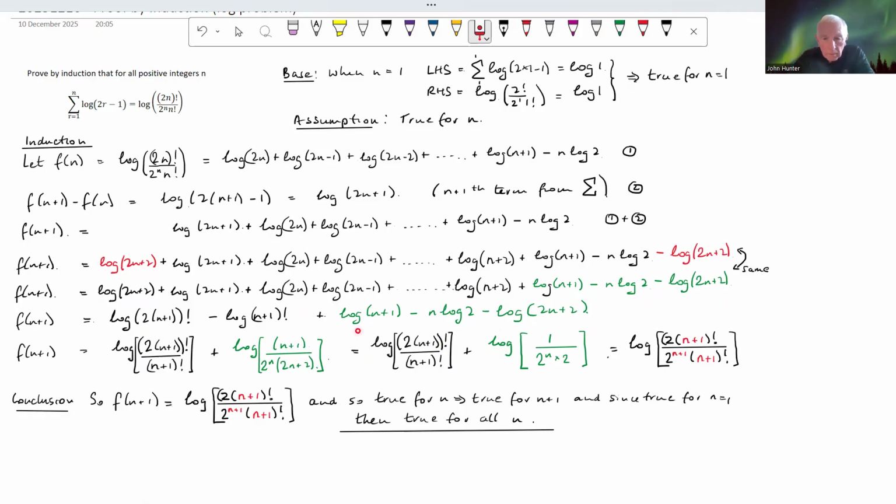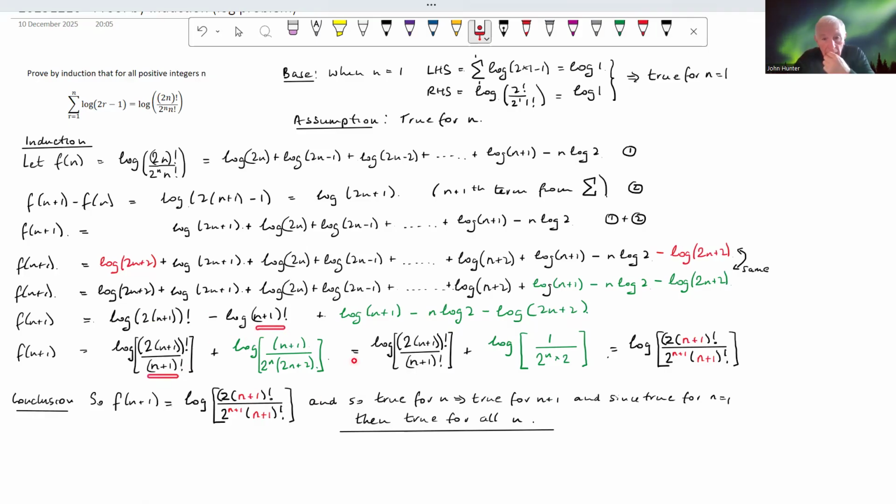So we've got to do something with that. So, okay, now looking at these two together, I'm going to write this as a single log, using the second log rule as I see it, the one that deals with division and subtraction. So we've got the log of this minus the log of that there.